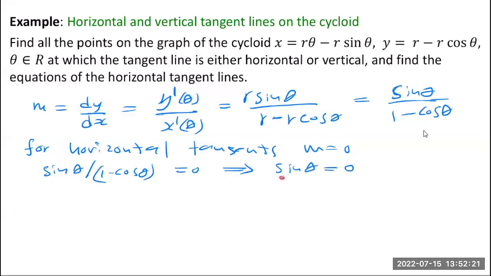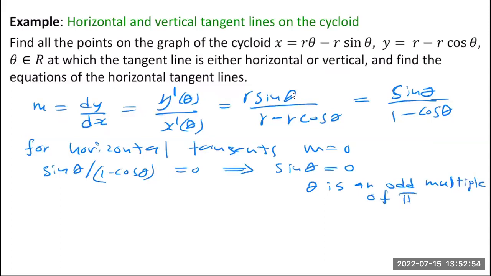When does this happen? When is sine theta equal to 0? If you solve this equation, you will get theta is equal to an odd multiple of, not sine theta, pi, pardon me, multiple of pi.